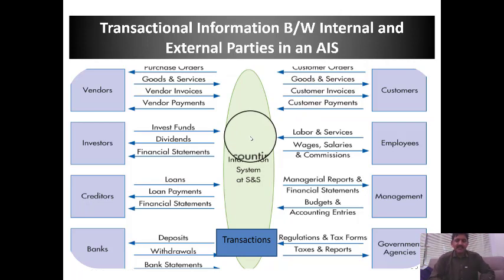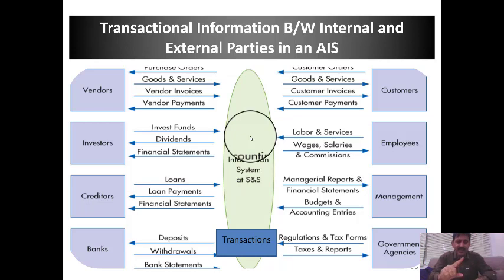Information or transactions between employees and the accounting information system: labor and services. What does the labor do? They provide services. They work in the organization, in the manufacturing department, the production department, the purchase department, the sale department, whatever the department may be, but they provide us services.